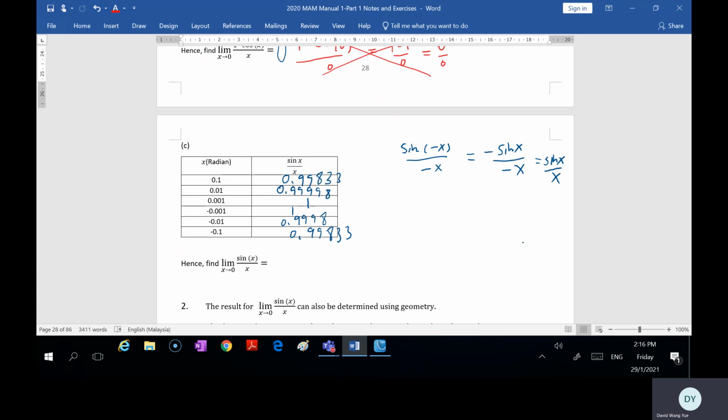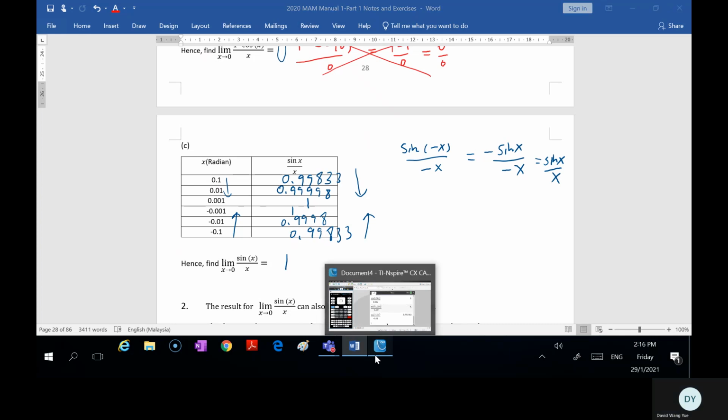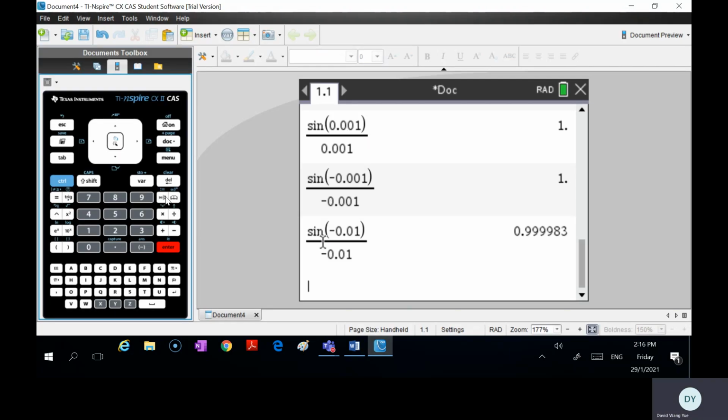And you can see as x approaches 0, sine x over x is approaching 1. This one also we cannot sub 0 into, because sine 0 is 0, and 0 over 0 you cannot calculate. But by looking at the table, we see sine x over x has a limit of 1. And we can verify here.